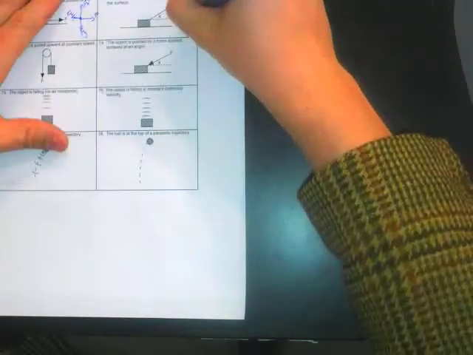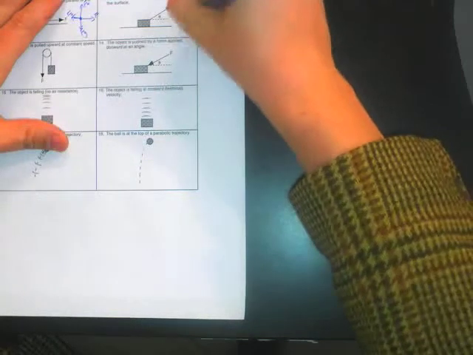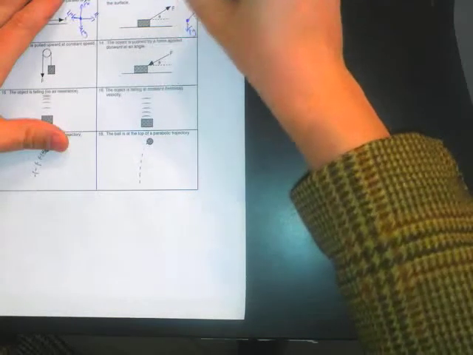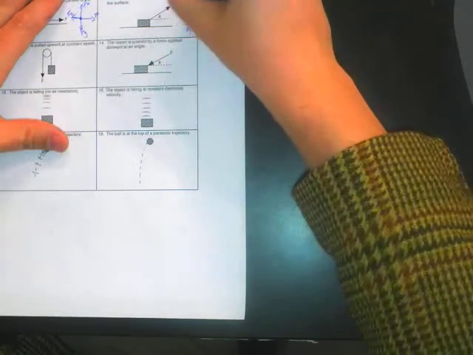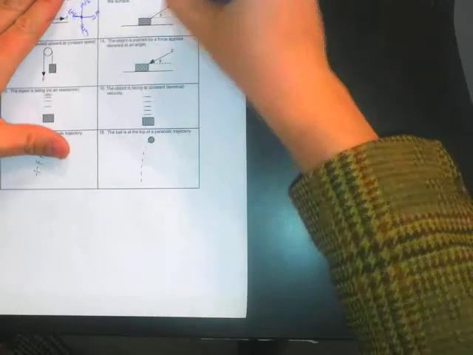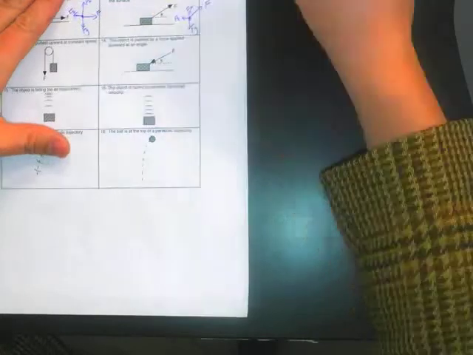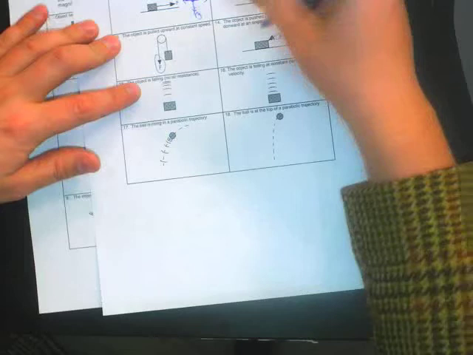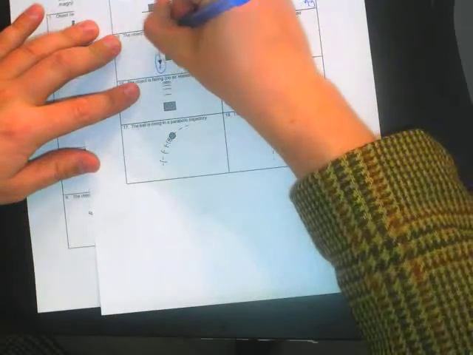In this case, it's at an angle, so you still have gravity downward. You have this force coming up to the right at an angle, but you also have a little bit of normal force pulling it upward as well. Okay, and then again, most likely, some friction. Okay, the force is going downward, but the pulley is changing the direction of that force.